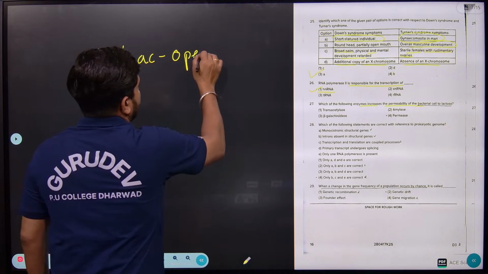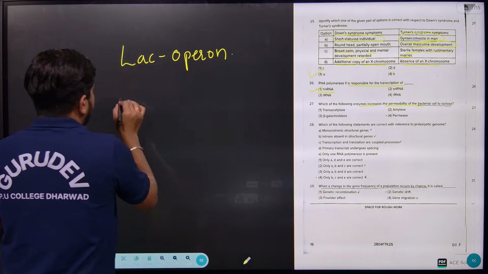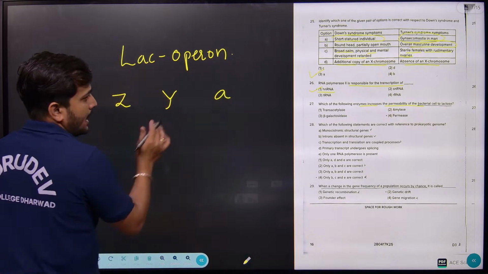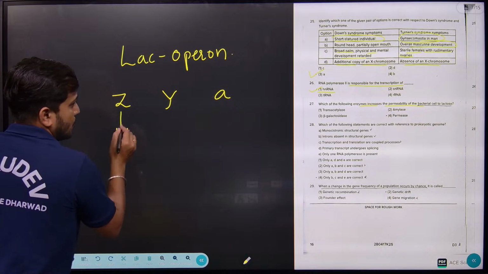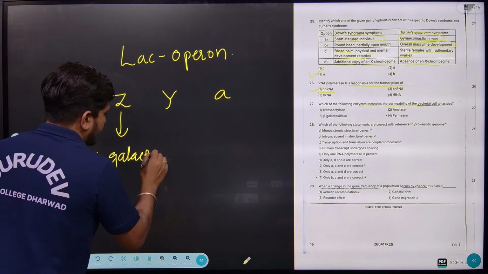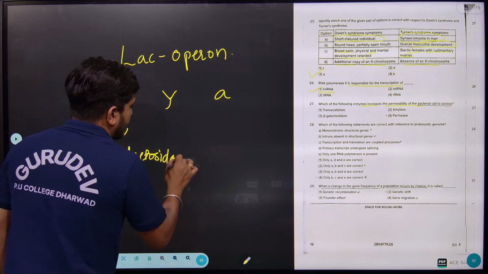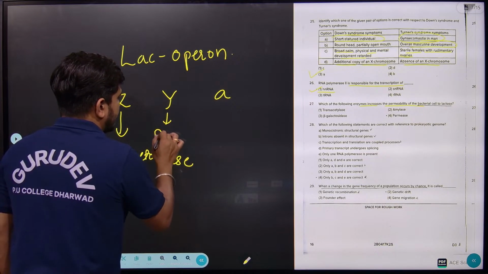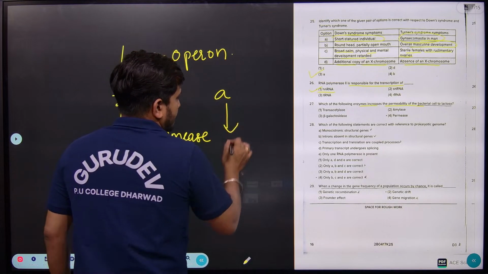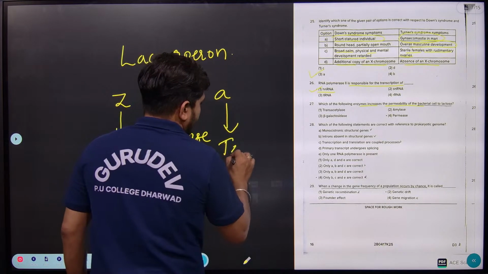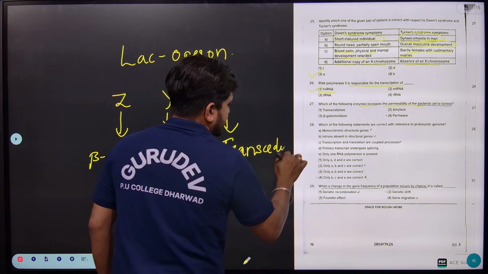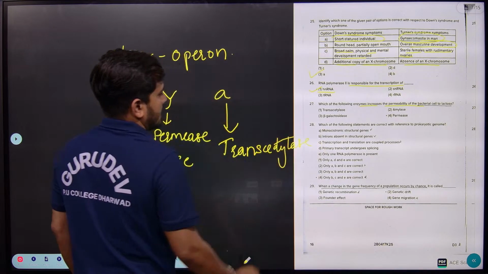With the structural genes Z, Y and A, Z is going to produce beta galactosidase, right, and Y is going to produce something called permease, understanding gene expression study, and A is going to produce trans-acetylase.